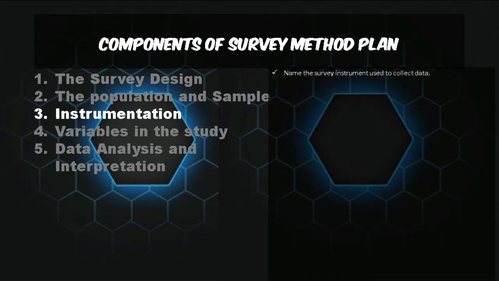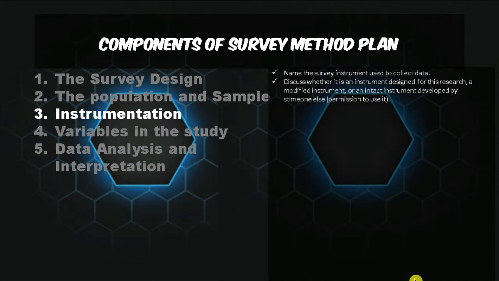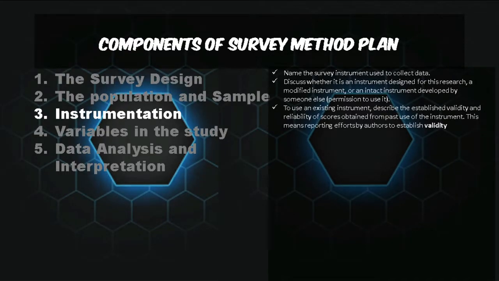Instrumentation, number one suggestion, is to name your survey instrument. Discuss whether your instrument is researcher-made, a modified one, or developed by someone else. Take note that to use an existing instrument, you have to describe the established validity and reliability of the scores obtained from the past use of the instrument.